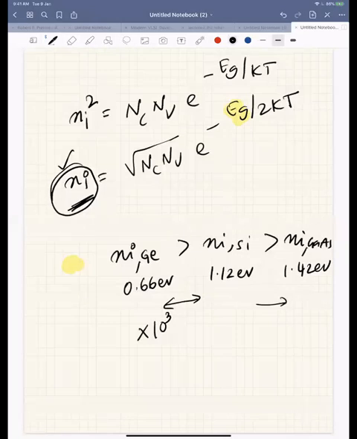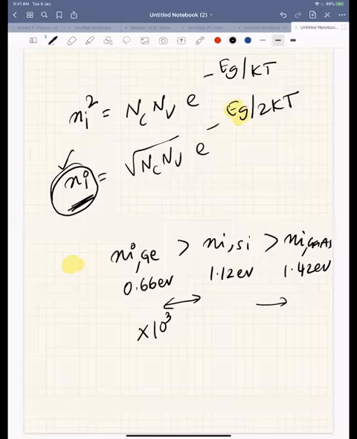Similarly, if you go on increasing temperature, your intrinsic concentration will increase, because more electrons will come from the valence band to the conduction band as they get thermal energy kT by q. Because of this thermal energy kT, electrons can go from the valence band to the conduction band.